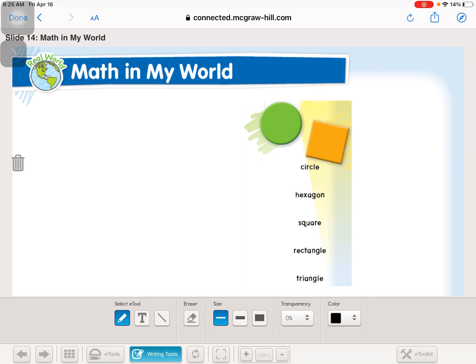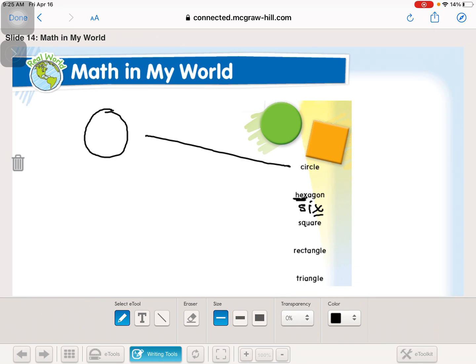So the first one is a circle. It's probably the easiest one because it's round, it doesn't have any sides, it's very different from many of the other ones because of that. Then we have a hexagon. Now, hex means 6. I remember that because 6 has an X in it, just like hex.